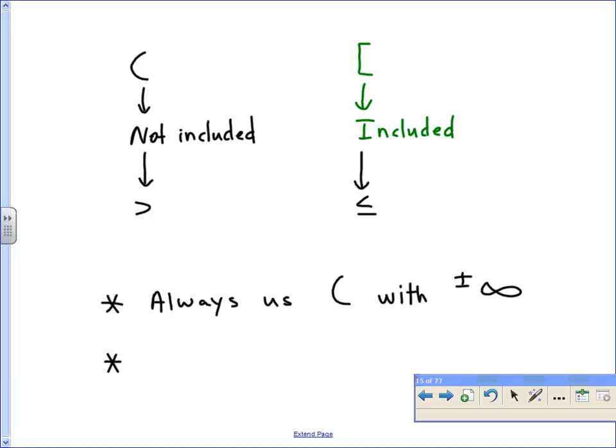So anytime you're talking about something going to infinity, never ending, you're going to use a parenthesis and not the bracket. And then the other thing that you want to remember is, well, let's just save the other thing for now. Let's just say that you use the parenthesis when you're going with positive or negative infinity, and we'll get to the other piece here in just a few minutes.